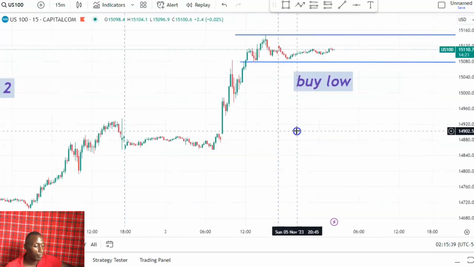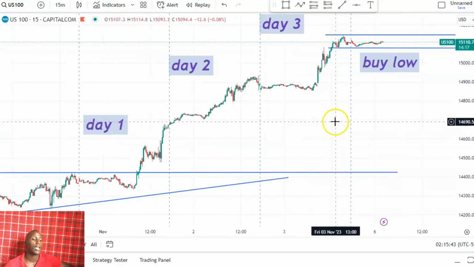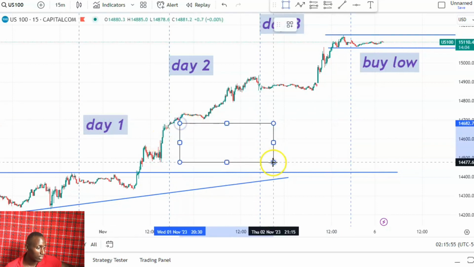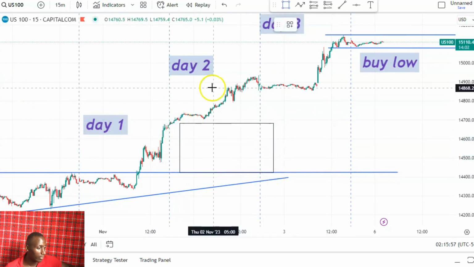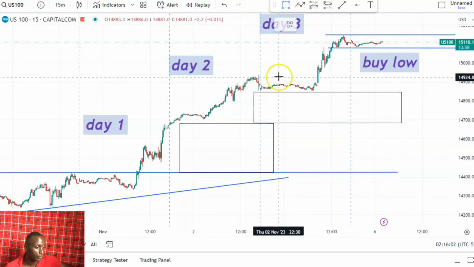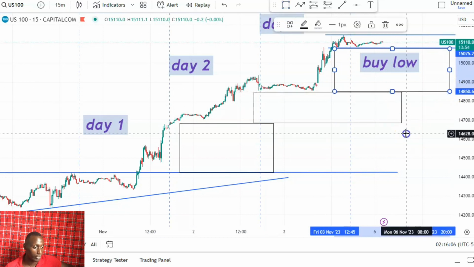So today I'll be looking for buy low opportunities as I observe price action, because today might be the last day, the 4th day, where we start seeing price coming back to all these gaps here, because price has been explosively moving up, leaving all these gaps. We'll see how price behaves today, tomorrow, and the rest of the week.